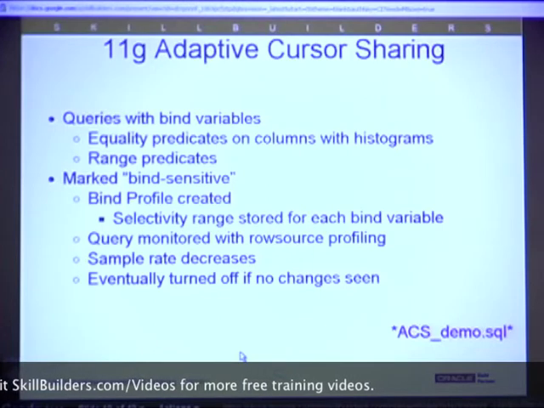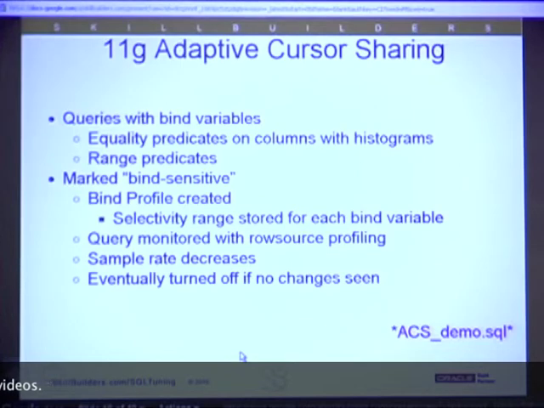Because if there's no histogram, things can't change, even if you change the value in the bind variable, right? If there's no histogram, there's no data skew. The selectivity of the filter is always going to be the same. So if it's an equality predicate, you've got to have a histogram. It reinforces the need, folks, you've got to be using histograms, or your optimizer's not going to optimize correctly.